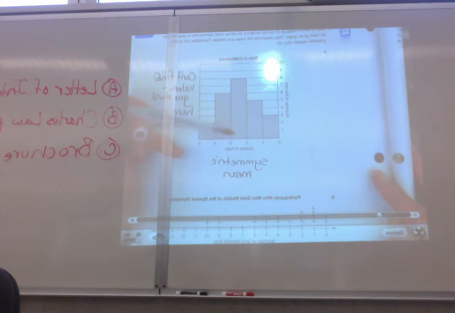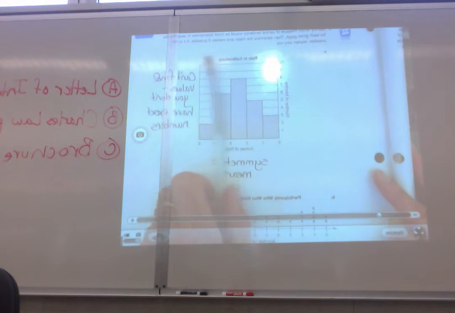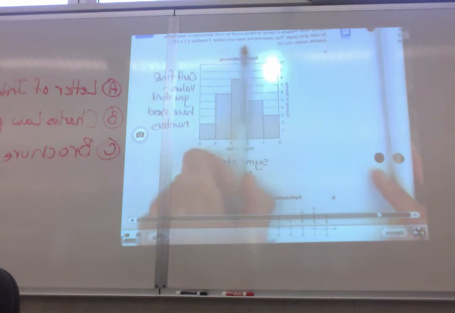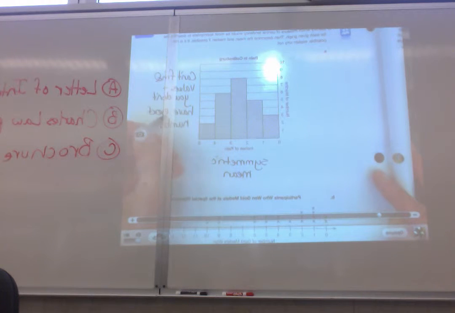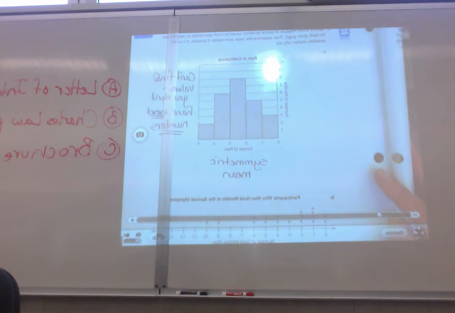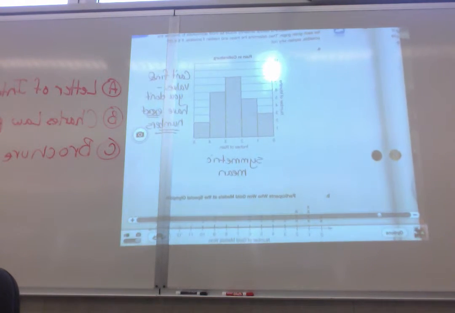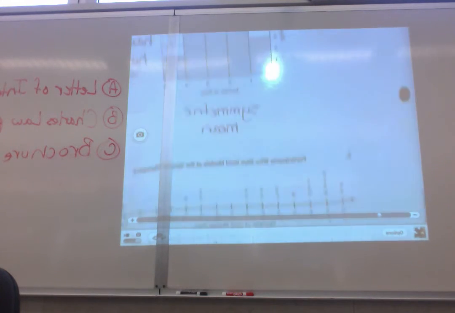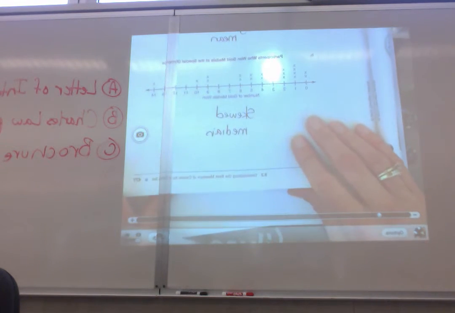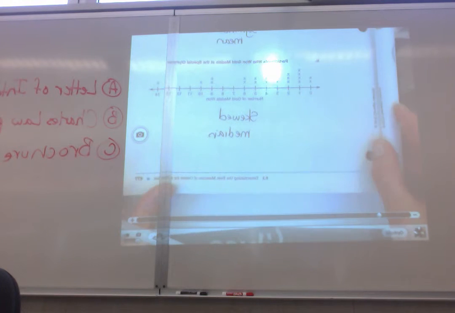Some values could be closer to 3 than 2. We don't know for sure, but I would predict right here because it's very symmetric. But we don't have exact numbers, so we can't throw anything into our calculator. We could make predictions. Now this one though, could we find a mean and median?